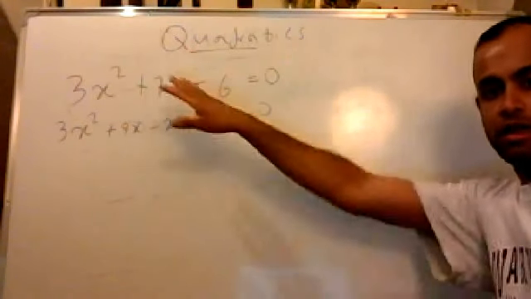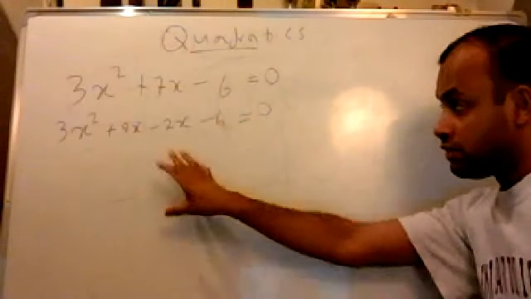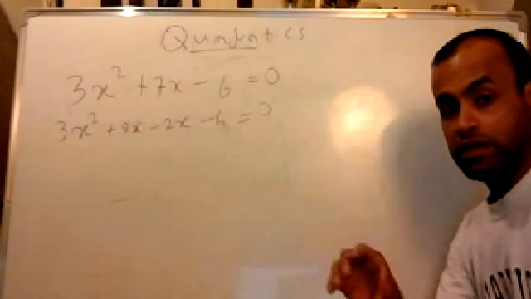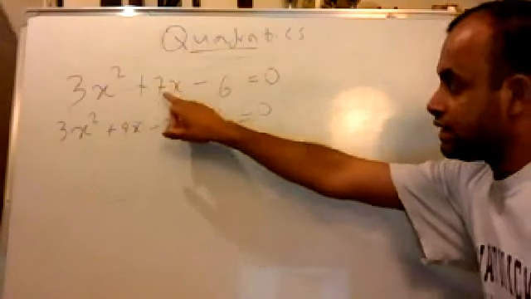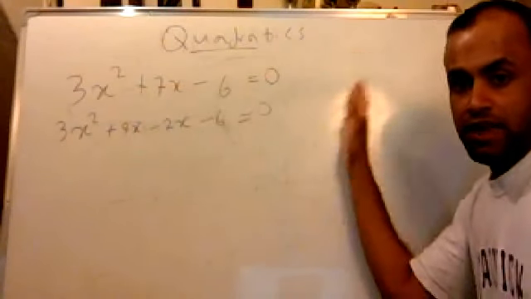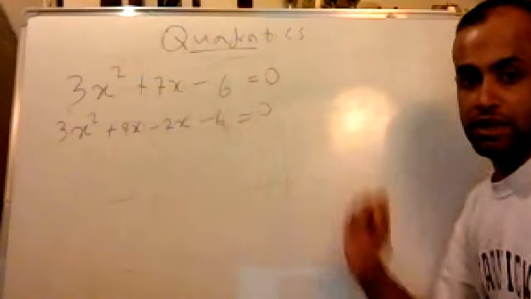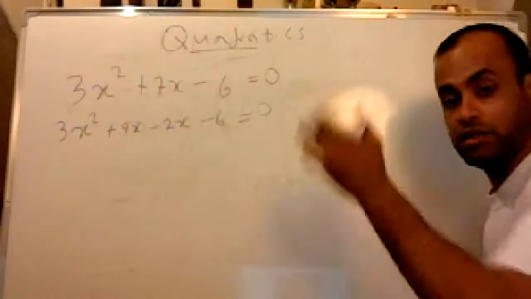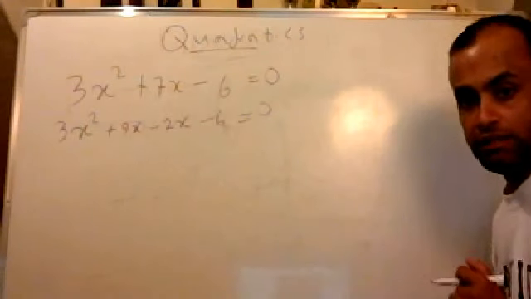I know some people try to do this directly and sometimes get it wrong, but this method will definitely get you the right answer every time. All I've done is multiply 3 by minus 6 to get minus 18, then find the factors of minus 18 which add up to plus 7, which are 9 and minus 2, because 9 times minus 2 is minus 18, and 9 minus 2 is 7.